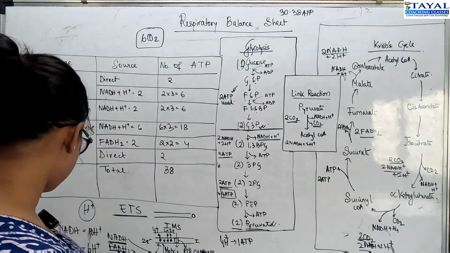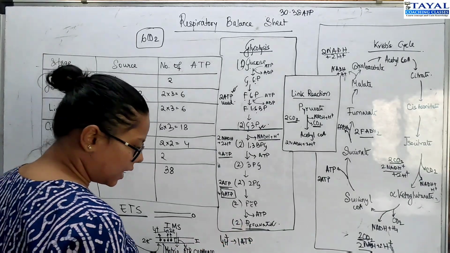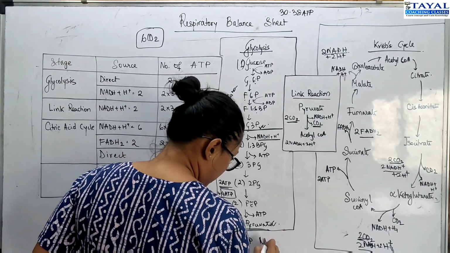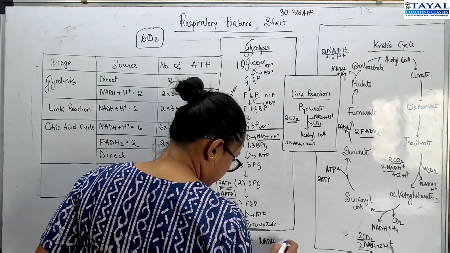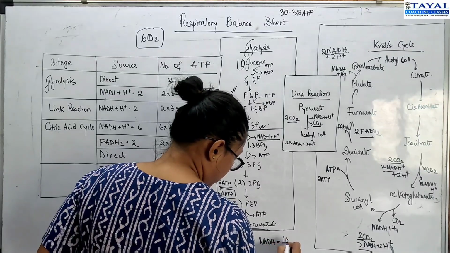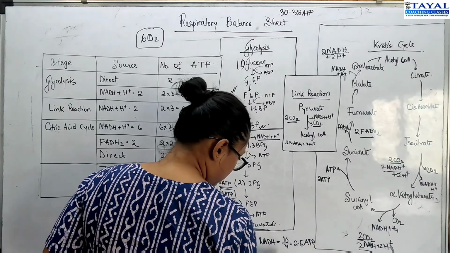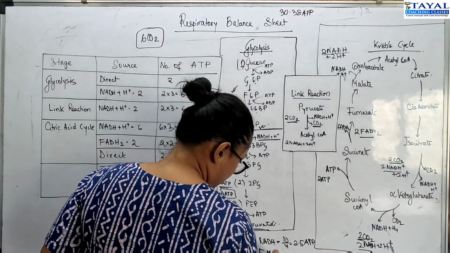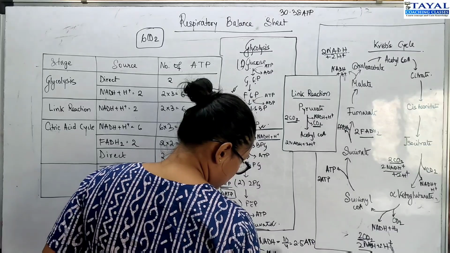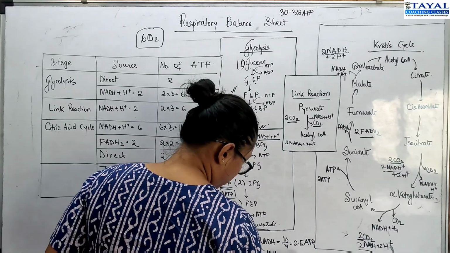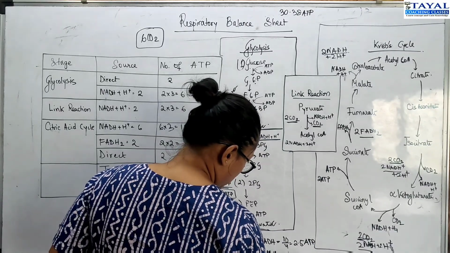So in that case, NADH gives you 10 protons, right? So for every molecule of NADH, 10 upon 4, that is roughly 2.5 ATP molecules can be generated. For every FADH2, 6 upon 4, that is roughly 1.5 ATPs can be generated.